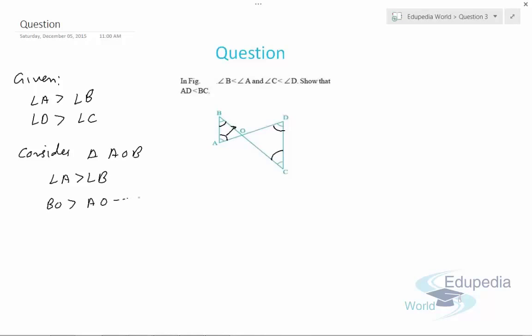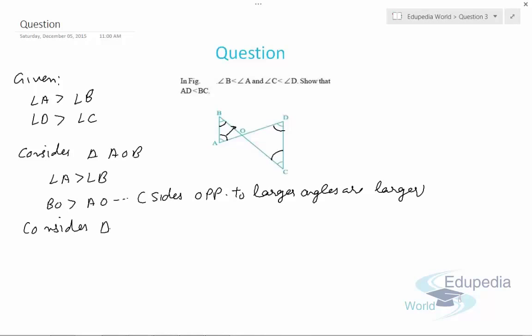Why? Sides opposite to larger angles are larger. Let this be the first equation. Similarly, consider triangle DOC.